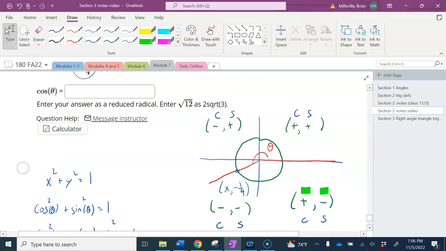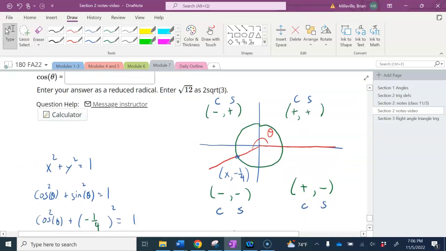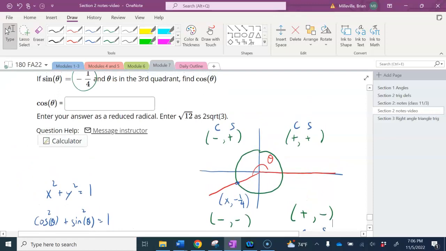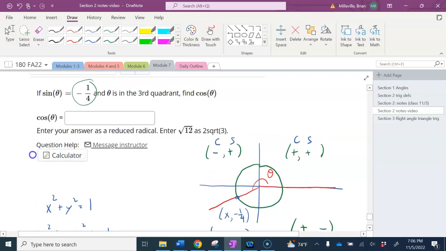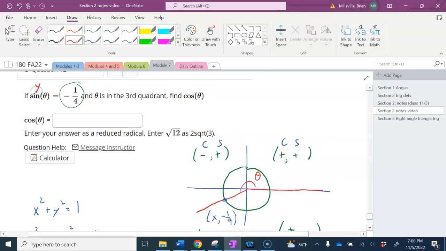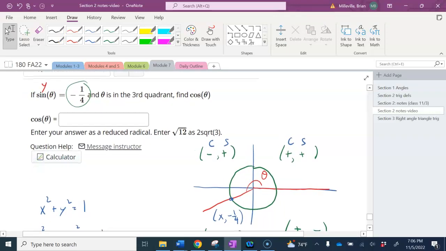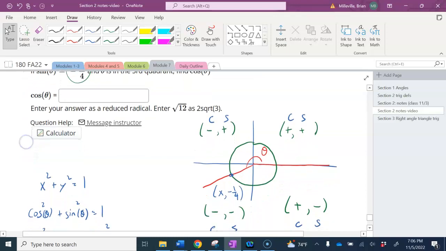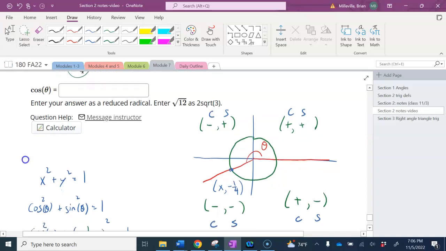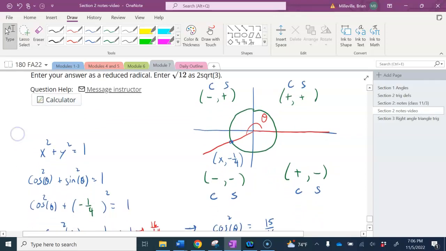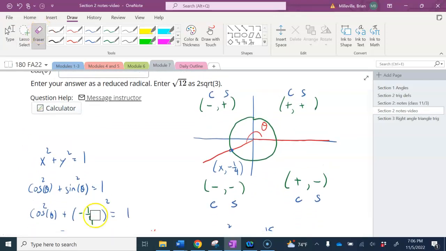So how do we answer this question here? We're going to use the Pythagorean identity. You can use x squared plus y squared equals 1 and think about sine being equal to y. That's fine. Or we can use the equivalent Pythagorean identity, which says that cosine of theta squared plus sine of theta squared is equal to 1.